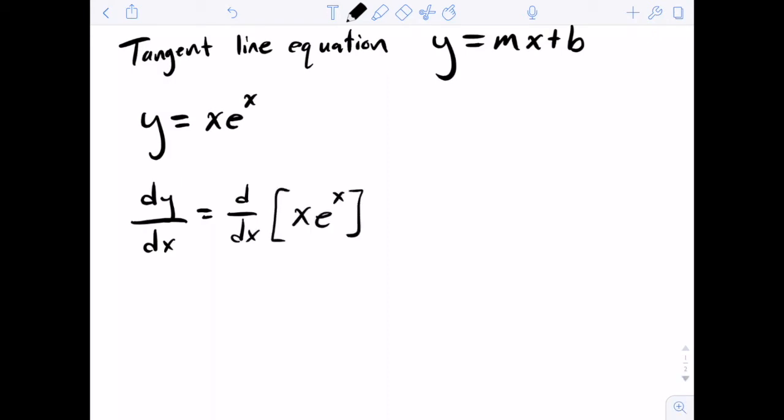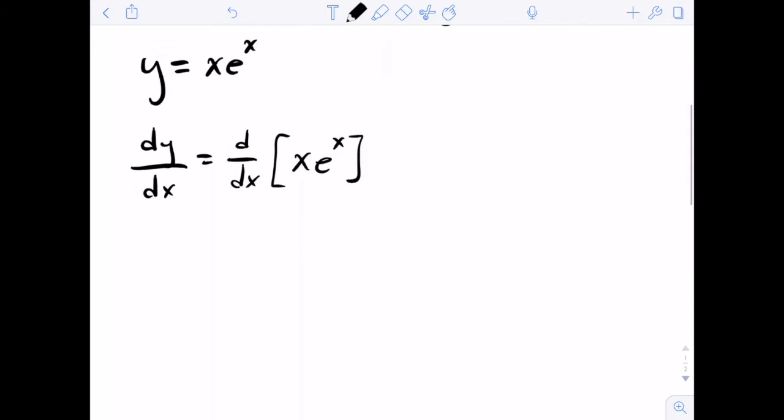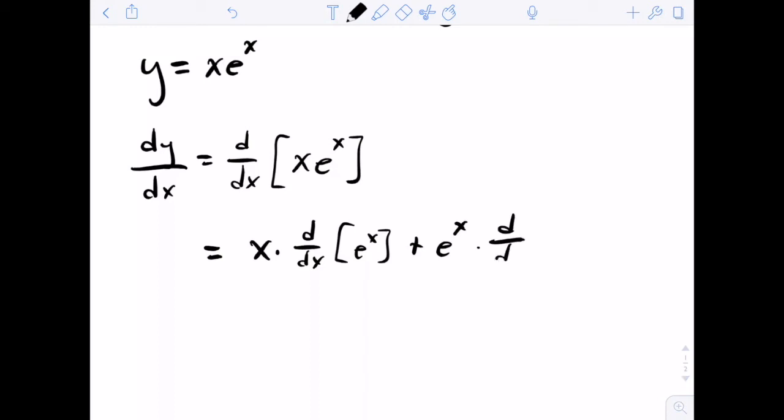Notice that these are just two functions being multiplied together, x and e to the x, so we can use the product rule. By the product rule, it's first times the derivative of the second, plus second times the derivative of the first.